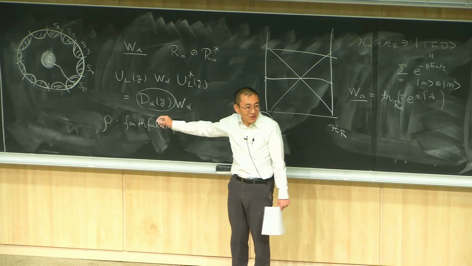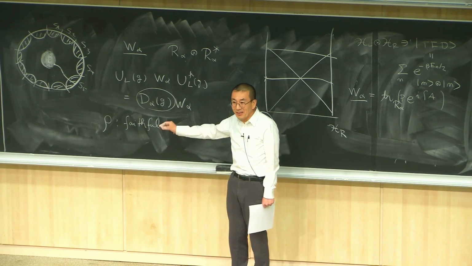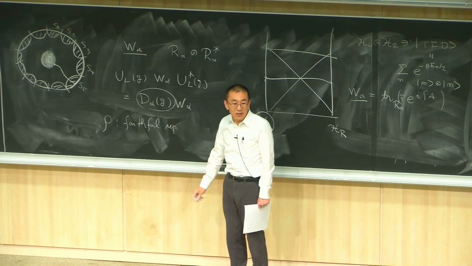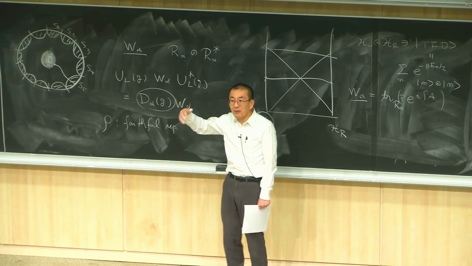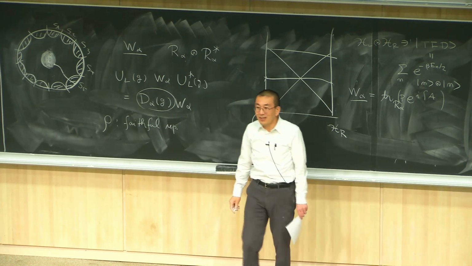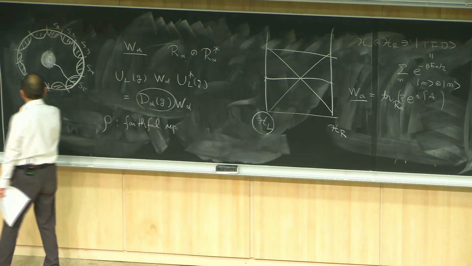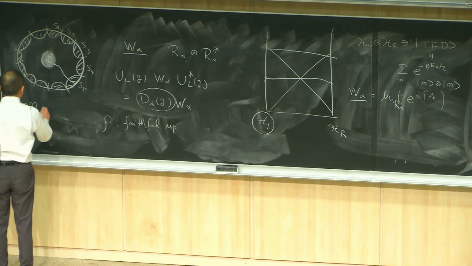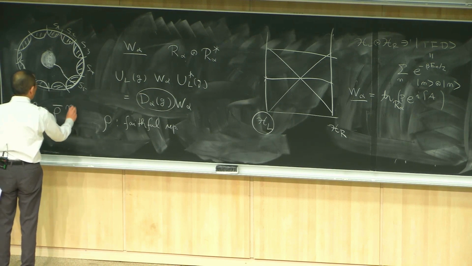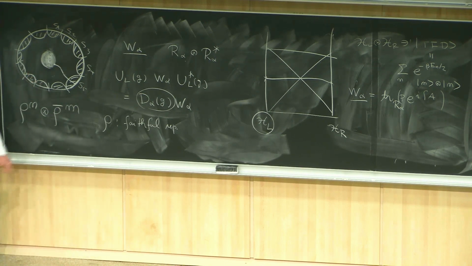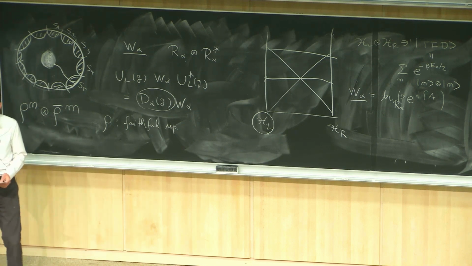For example, in SU(2), you have a two-dimensional faithful representation. So the faithful representation cannot grow much bigger than the dimension of the group. If you have such a representation, then you can take tensor products of the faithful representation and its conjugate, and this kind of thing generates all finite dimensional irreducible representations of the group.